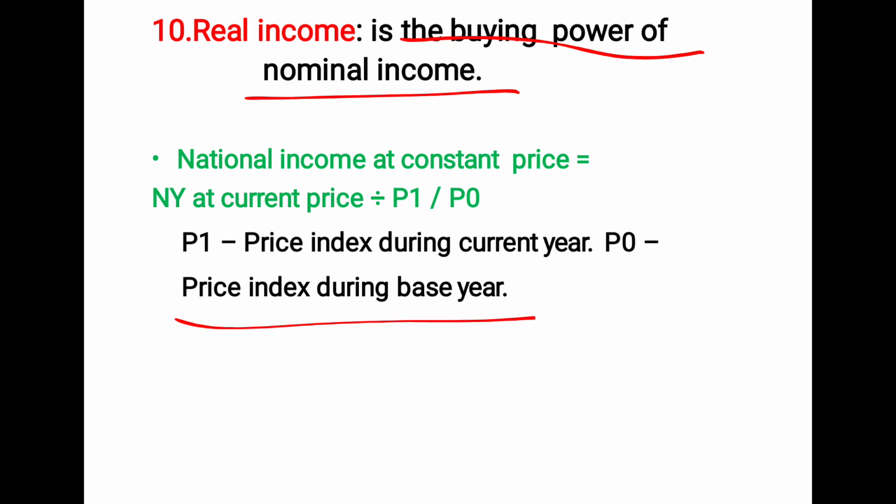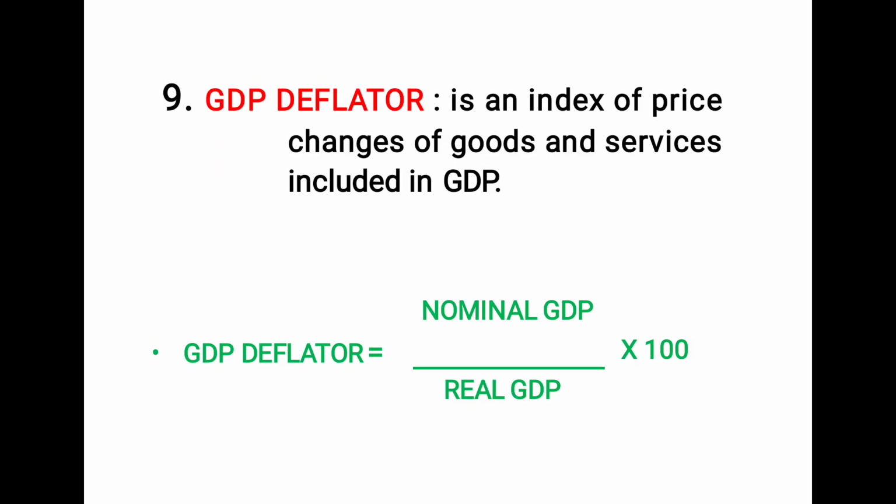So national income at constant price is equal to national income at current price divided by P1 divided by P0. Next is GDP deflator. What is GDP deflator? It's nothing but the price change of goods and services included in the GNP. So how do you calculate GDP deflator? GDP deflator is equal to nominal GDP divided by real GDP, multiplied by 100.